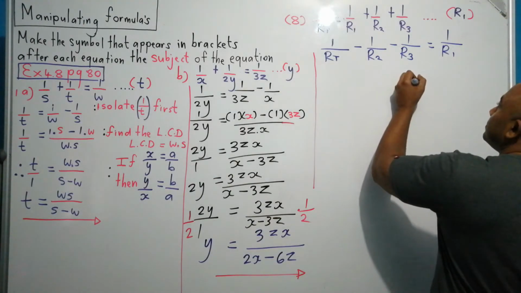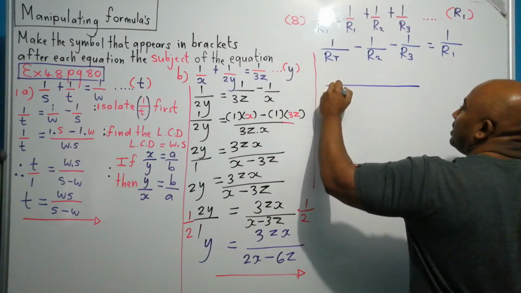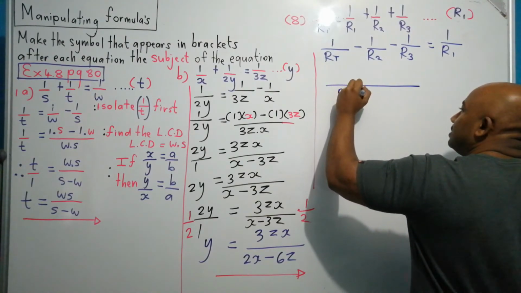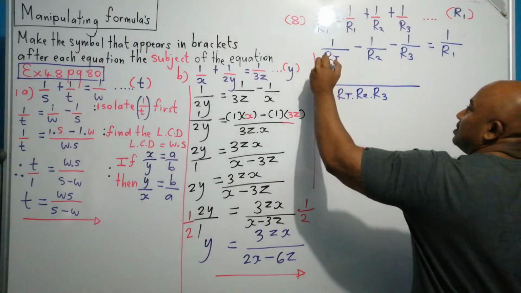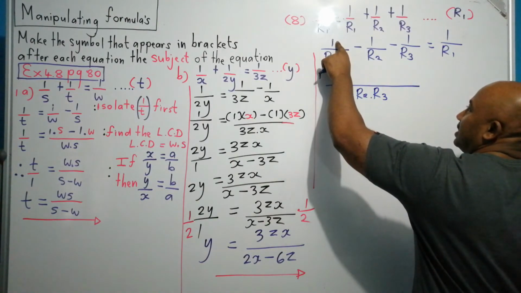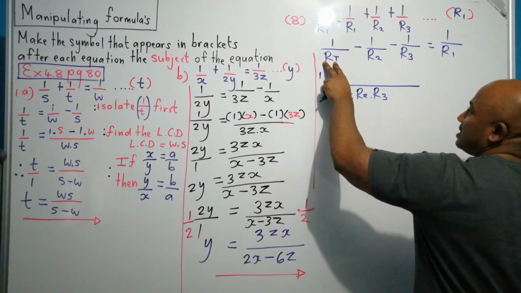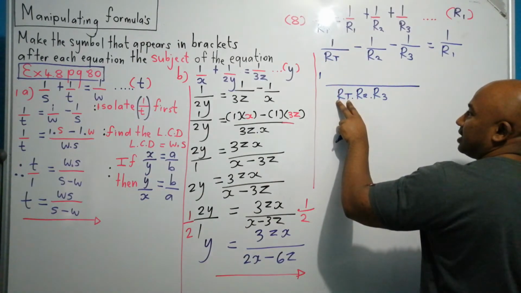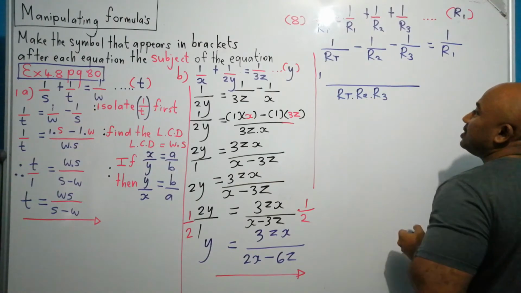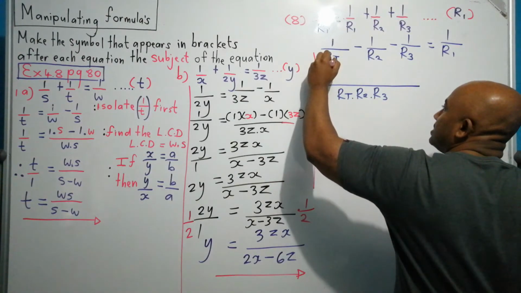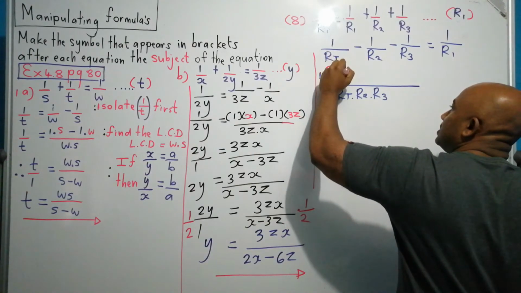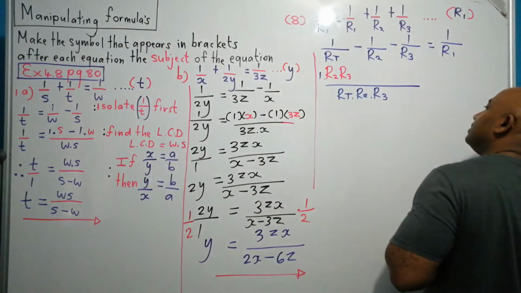So if I multiply them, that's going to be RT times R2 times R3. So this one here has to be multiplied. Now you see, this is RT. You got RT there. What's missing is R2 times R3. So therefore, that's going to be 1 times R2 times R3.